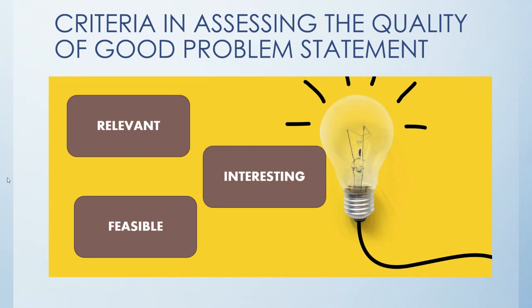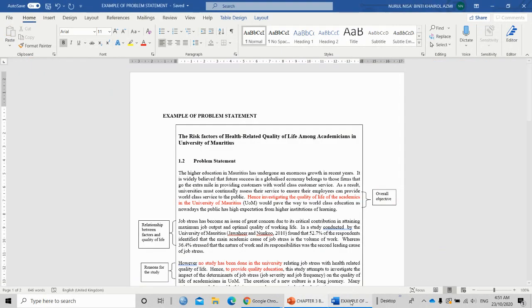So you must come up with a good problem statement that when people read, they know that this is a problem, and then they are interested because you are trying to solve the problem. So that is the problem statement. I give you some of the example on how to write a problem statement.